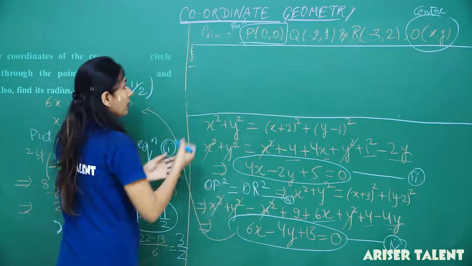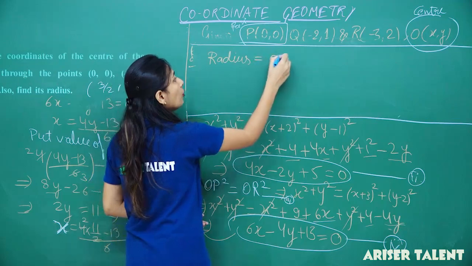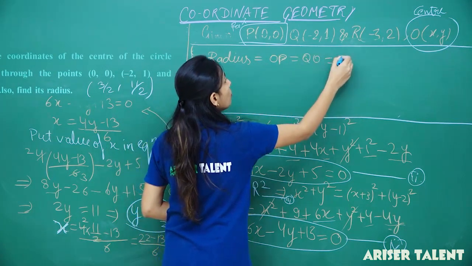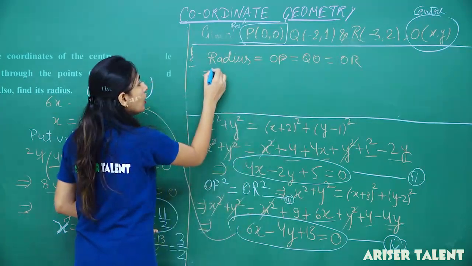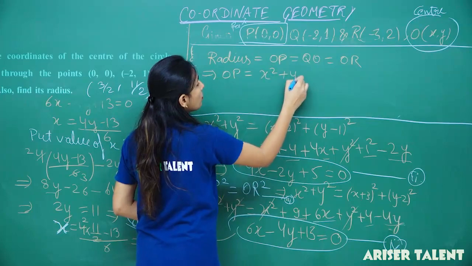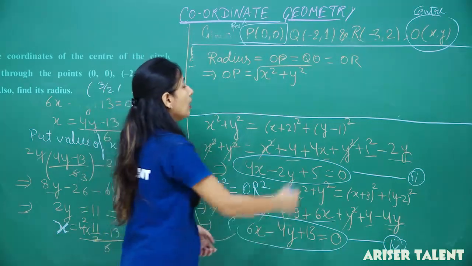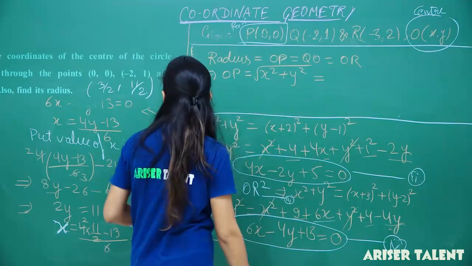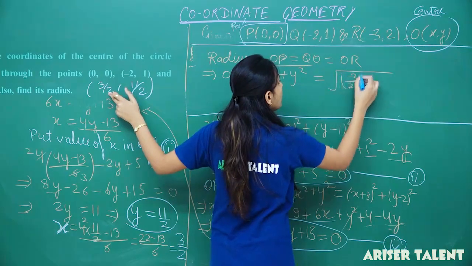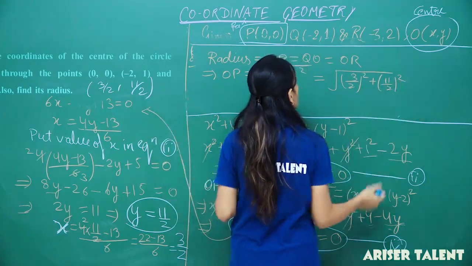So radius equals OP equals OQ equals OR. So OP equals square root of x square plus y square. What is the value of x? 3 by 2 square plus 11 by 2 square, right.